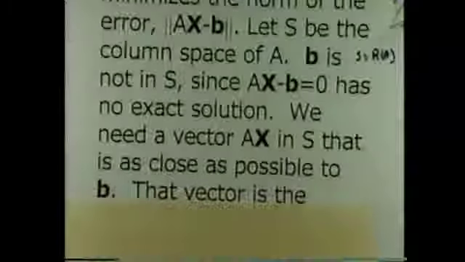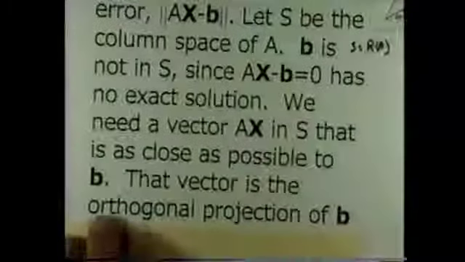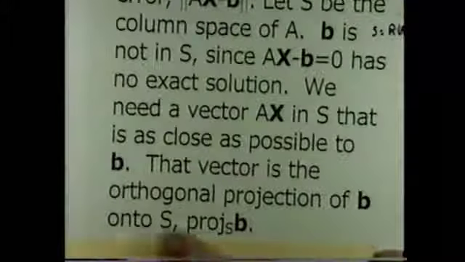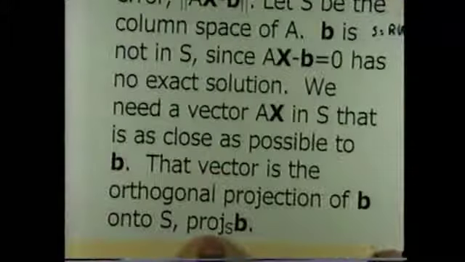Well, that vector is the orthogonal projection of B onto S. So this Ax is the orthogonal projection of B onto S. That's the closest we can get.